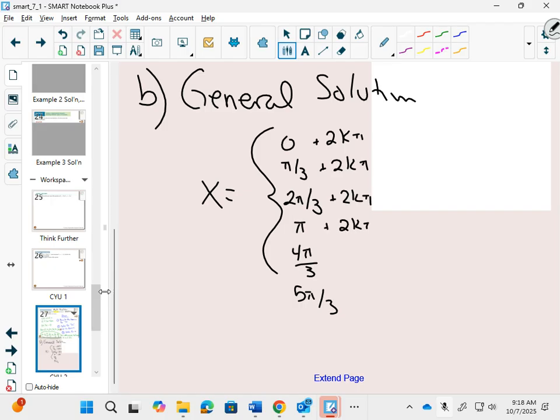All 6 of them. And define that k belongs to the integers. And we have our general solution.